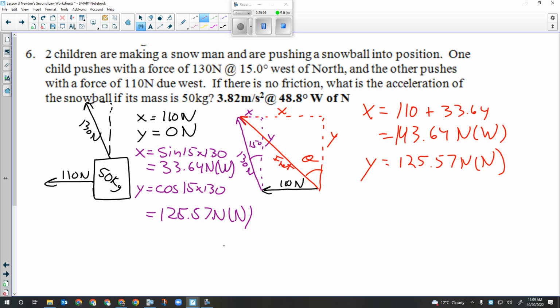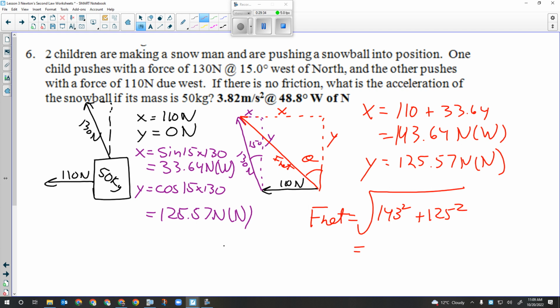Now that I've got those two, what do I do? I've got the two sides of that triangle. Yeah, do the Pythagorean theorem to get F net. The hypotenuse of that triangle is my net force, so that'll be 143 with all the decimals squared, plus 125 with all the decimals squared.